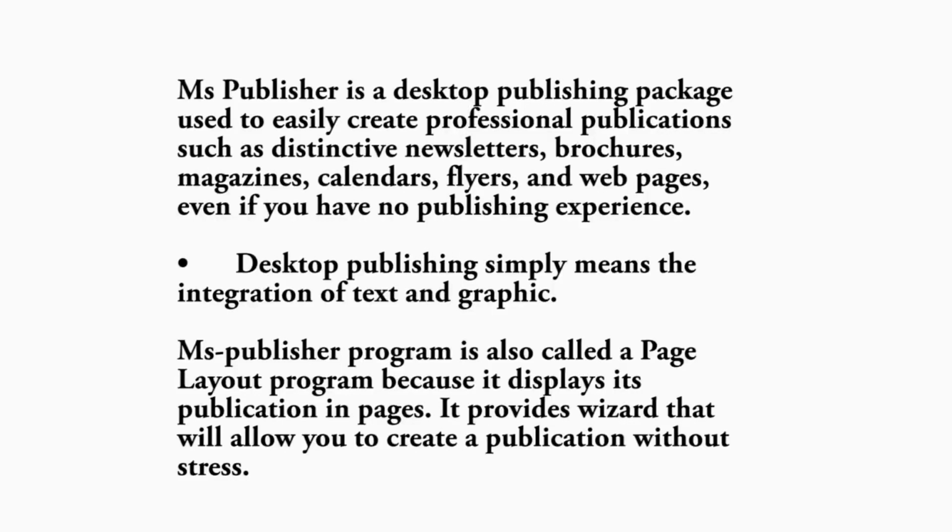Desktop publishing simply means the integration of text and graphics. MS Publisher program is also called the page layout program because it displays its publication in pages. It provides wizards that will allow you to create a publication without stress.